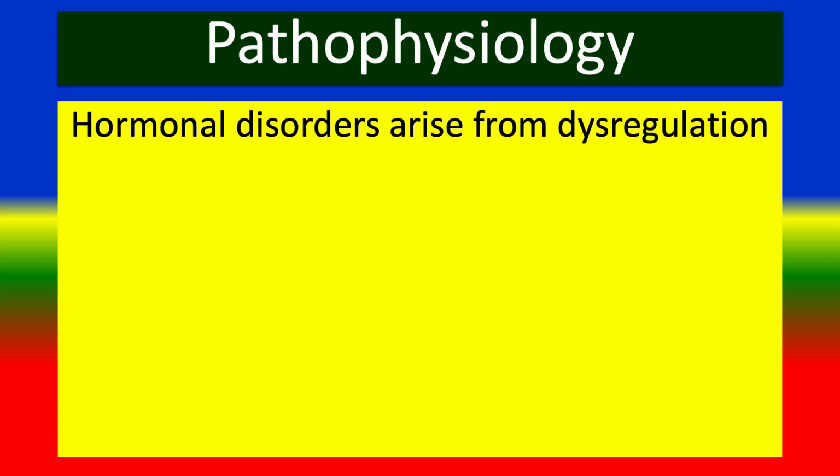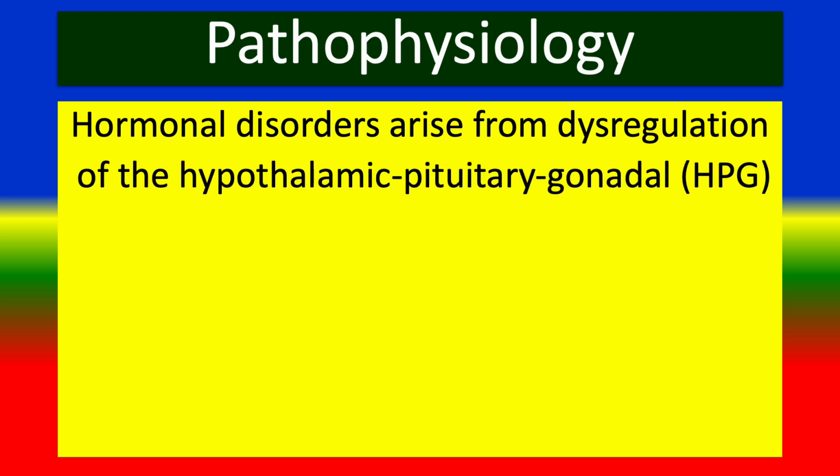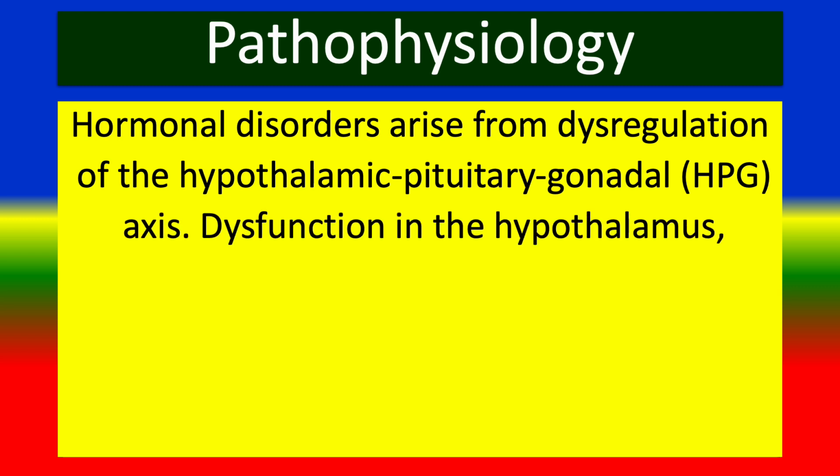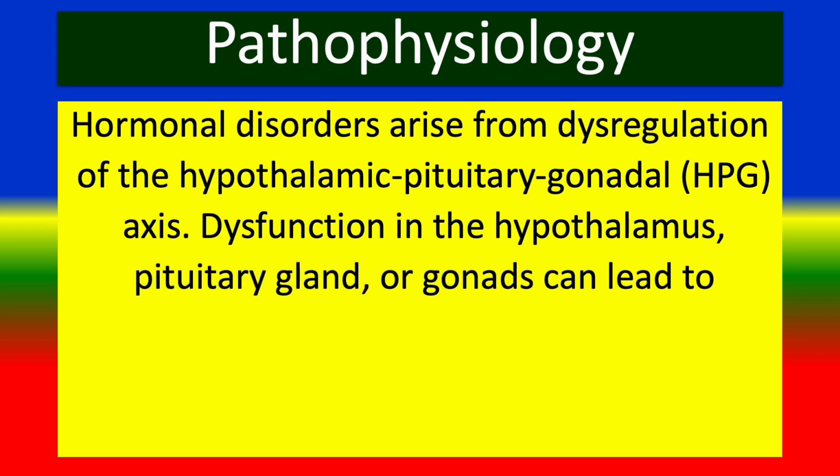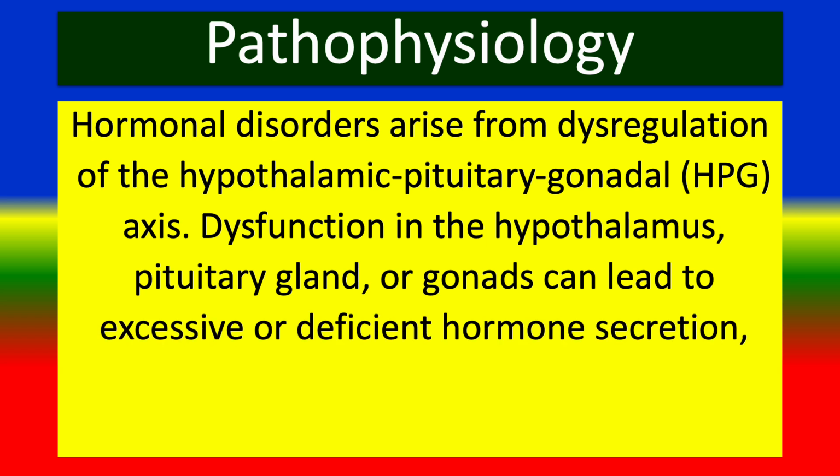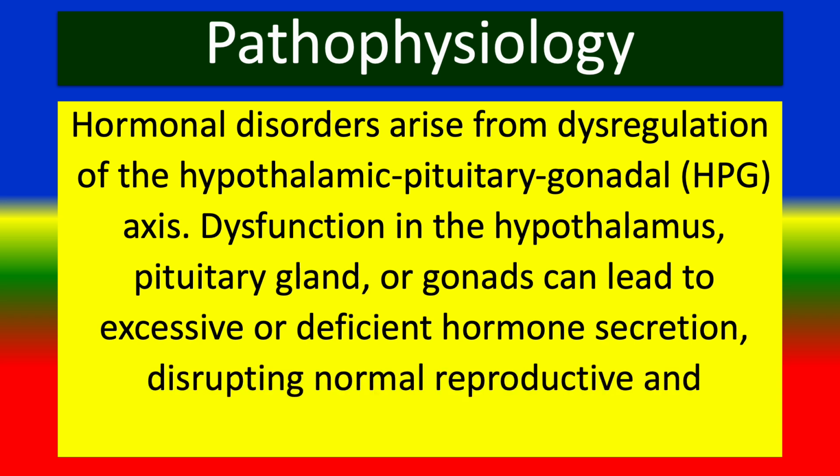Pathophysiology: hormonal disorders arise from dysregulation of the hypothalamic pituitary gonadal (HPG) axis. Dysfunction in the hypothalamus, pituitary gland or gonads can lead to excessive or deficient hormone secretion, disrupting normal reproductive and metabolic functions.